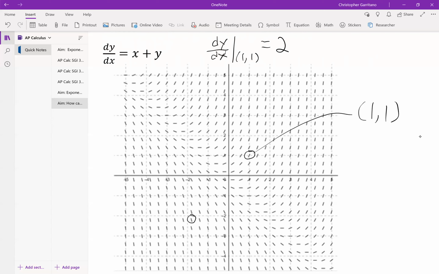This point looks like negative 1.9 comma negative 2.1, something around there.